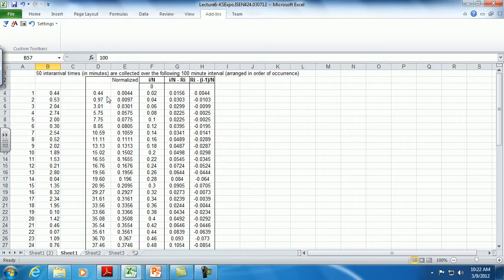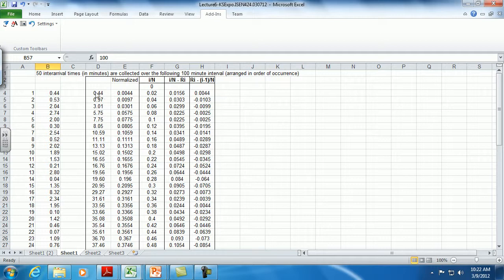So now we have the arrival times. We know that the arrival times follow a uniform distribution if the underlying distribution is exponential. So we're going to normalize those data points to get values from 0 to 1. In order to normalize these numbers, we divide each number by the total minutes, which is 100.